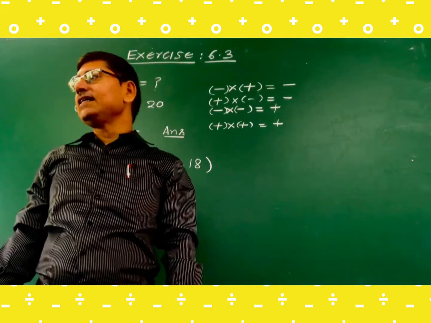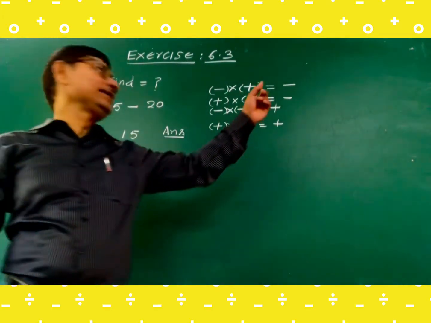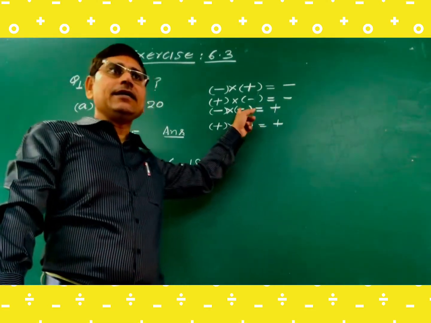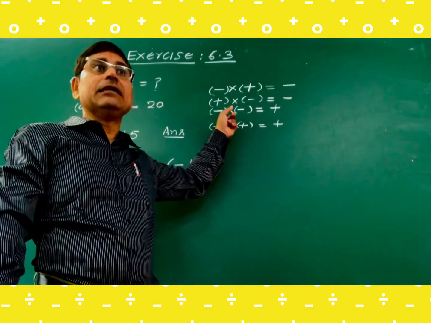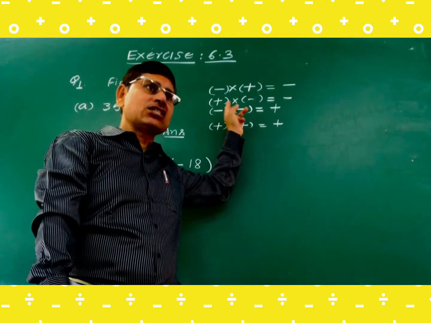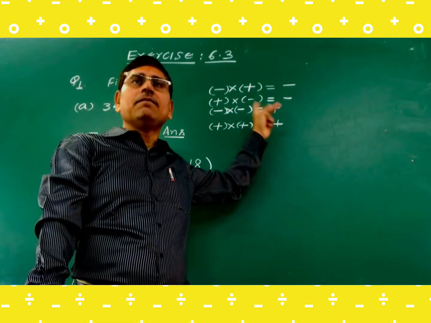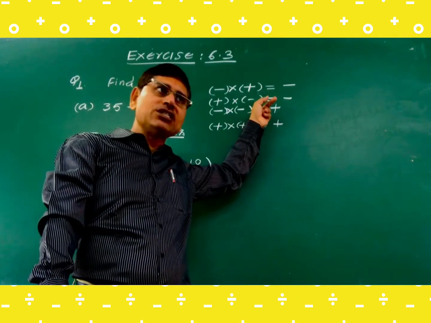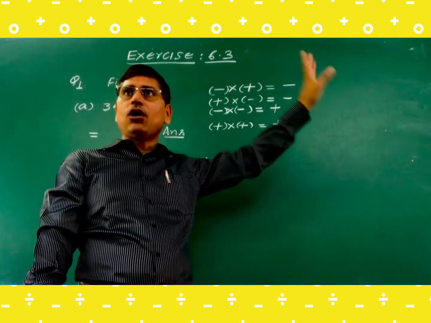It means if there is the opposite sign, then you will get the result minus, and if both are positive or both negative, meaning the same sign, then you will get the positive sign. But if you multiply opposite signs, then you will always get the result negative.